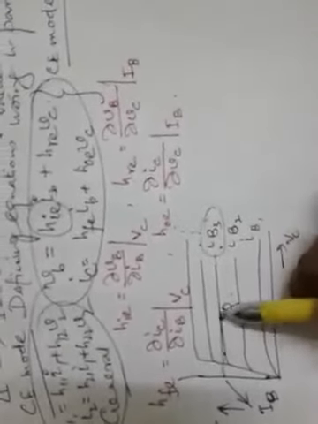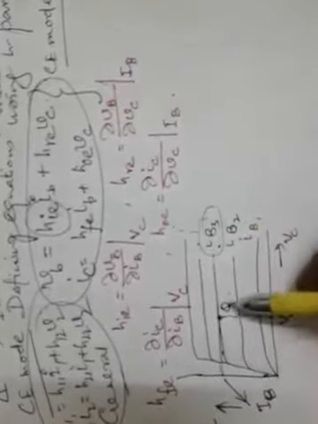The quiescent value of IB is taken from the characteristic curve, giving this value IB3. So IB3 will be the quiescent value for this particular curve.